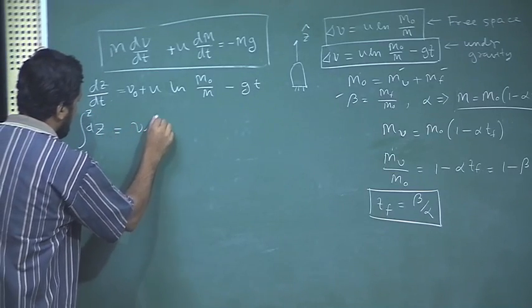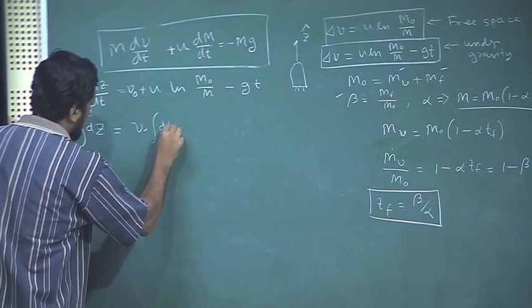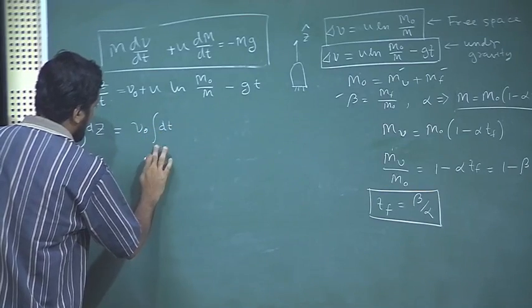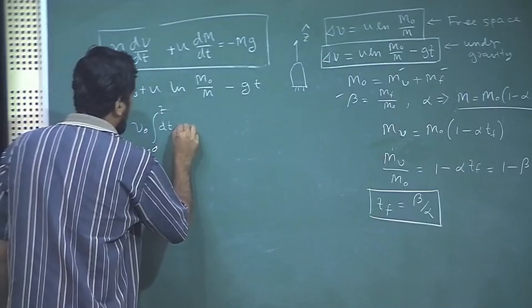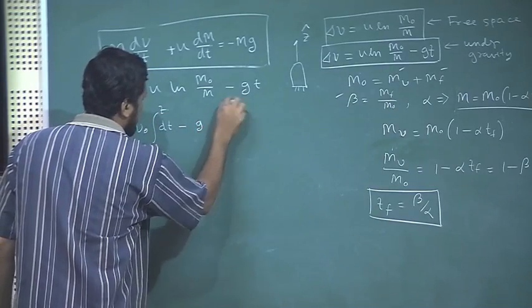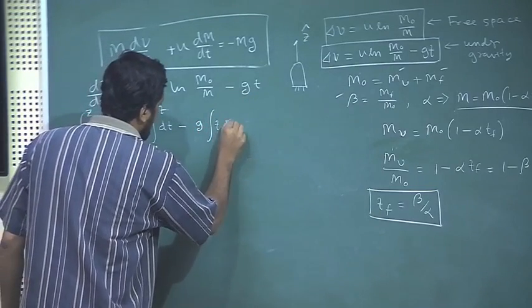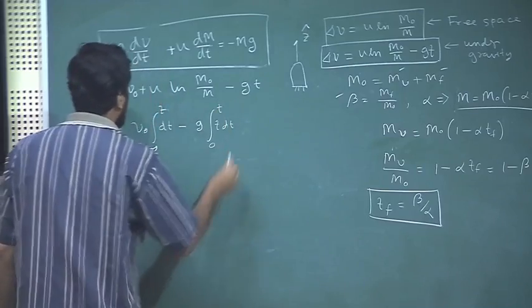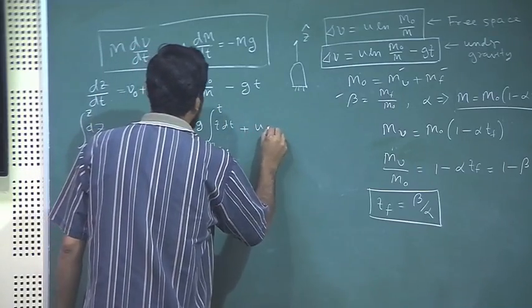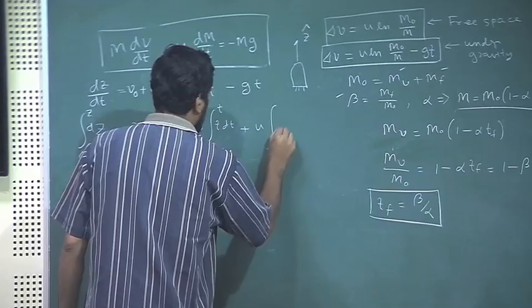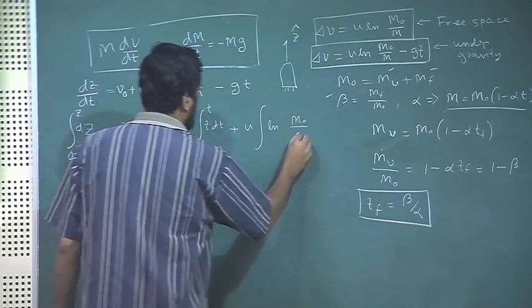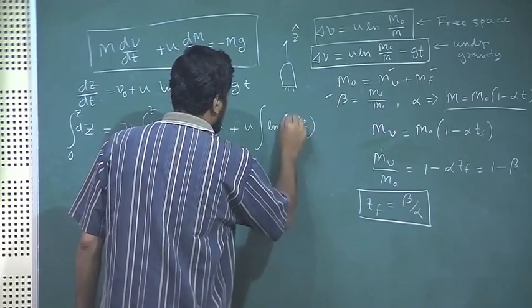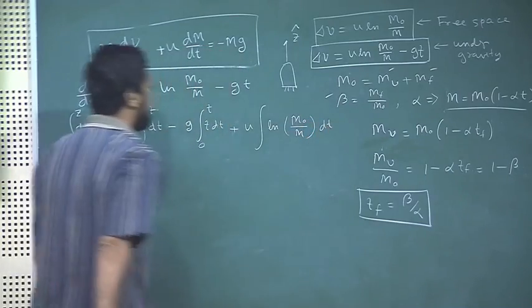So, you have V0 integration dt, it will be 0 to t, minus g t dt 0 to t, plus u integration ln m0 by m dt.